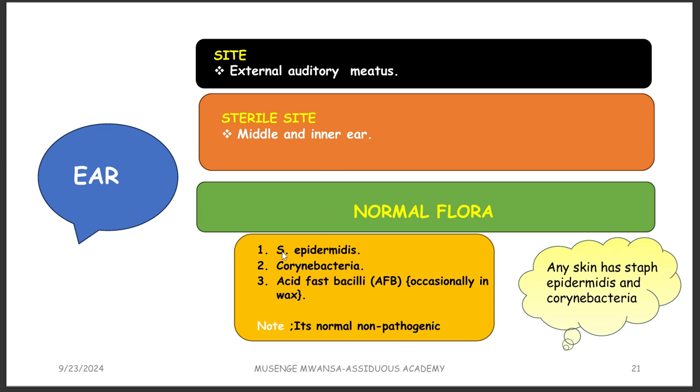It has got Staphylococcus epidermidis, Corynebacterium, acid fast bacillus, okay, occasionally in wax. It's normal, non-pathogenic. Any skin has Staph epidermidis, and please, this is a nice statement: any skin has got Staph epidermidis and Corynebacteria. So external ear is part of the skin.